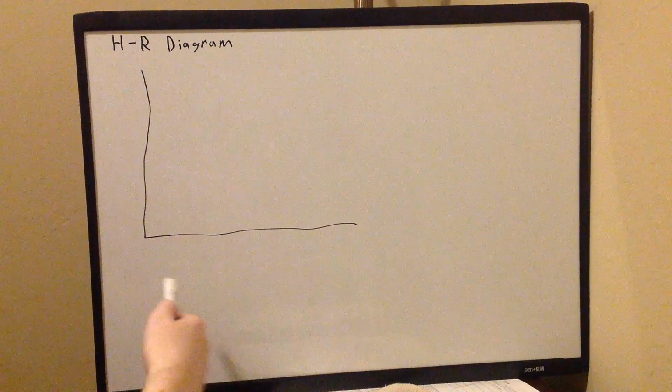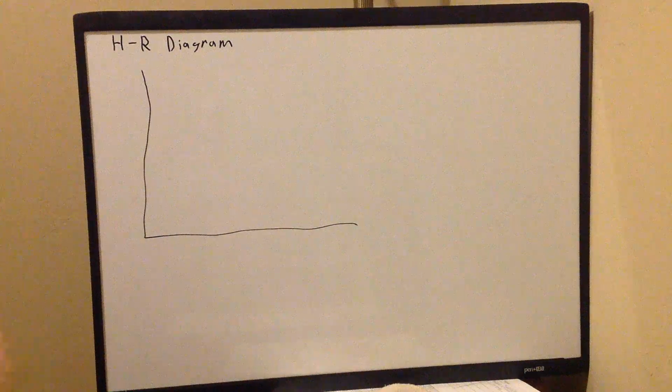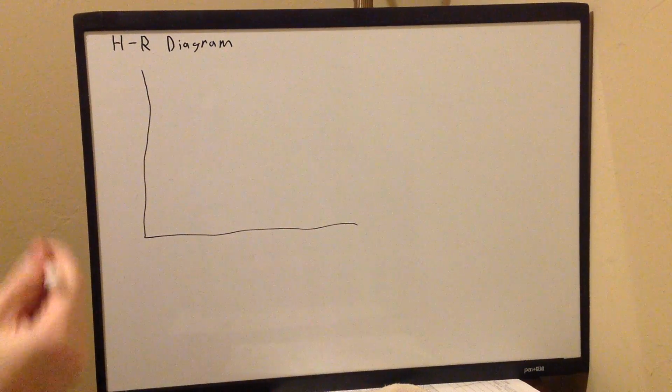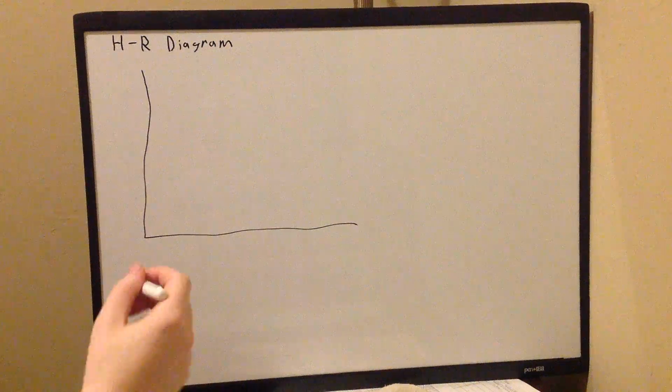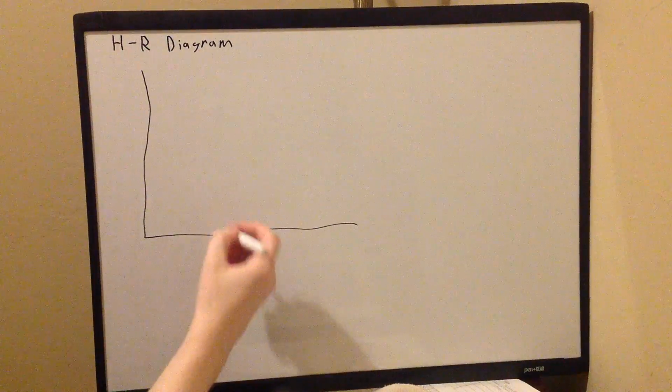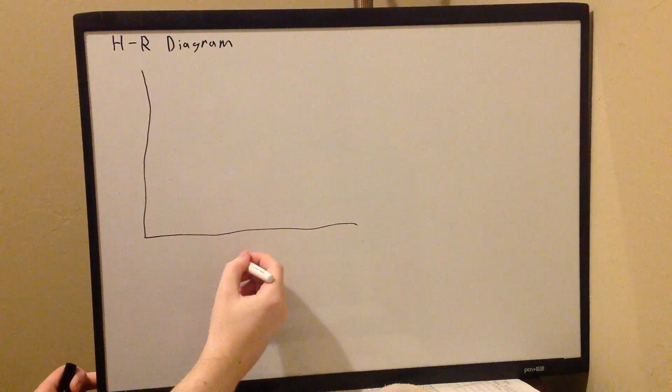So, let's start. This is a graph, so let's start with the axes. The x-axis in the HR diagram is temperature.